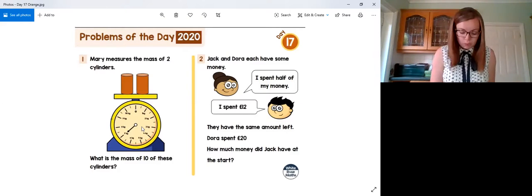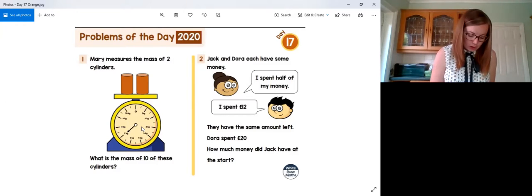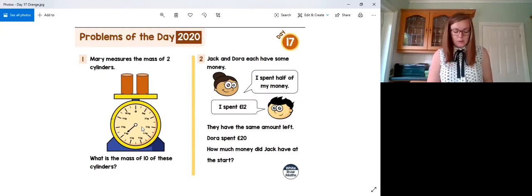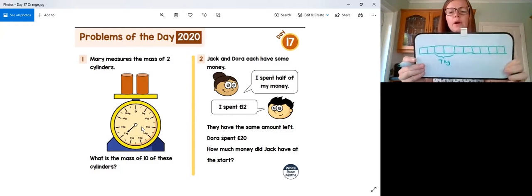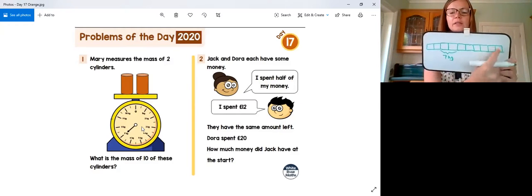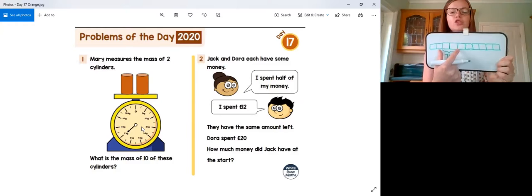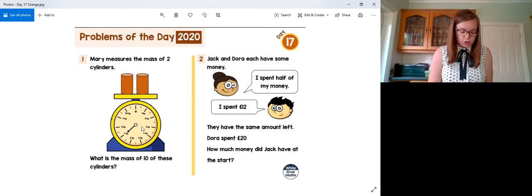Well, if I drew out some more lots of 2 until I had 10 cylinders, now I've got 10 cylinders. Now I know that a block of 2 is 7, so I also know that this block of 2 is 7 and this block of 2 is 7 and so on.